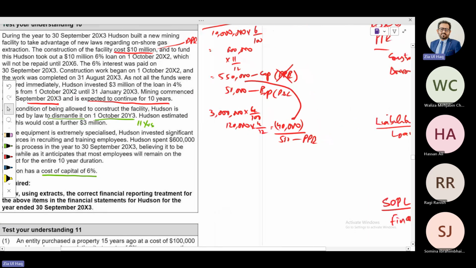So let's calculate the dismantling cost. 3 million into what? 1 divided by 1 plus rate. What is the rate? 0.06, meaning 6%, raised to power n, which is 11. Can you calculate the amount?